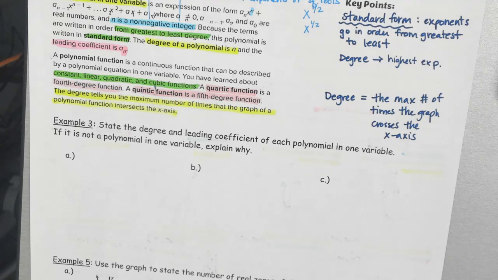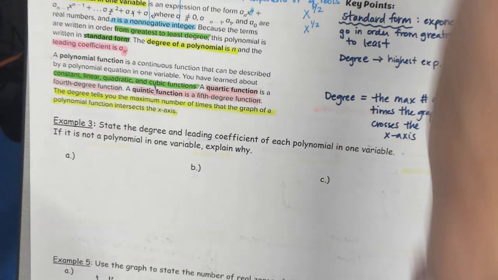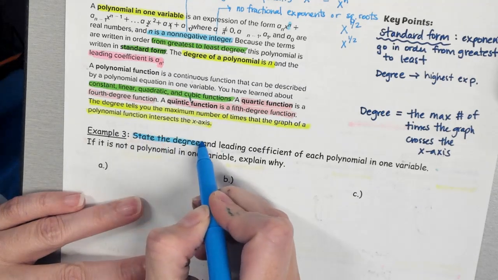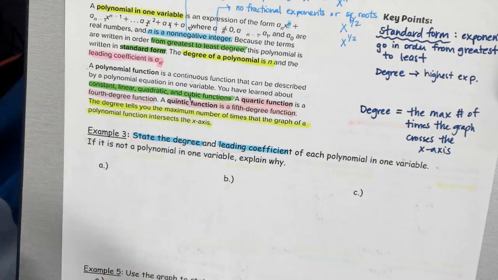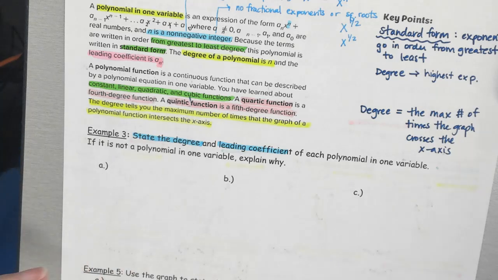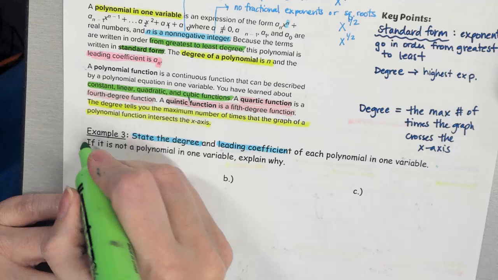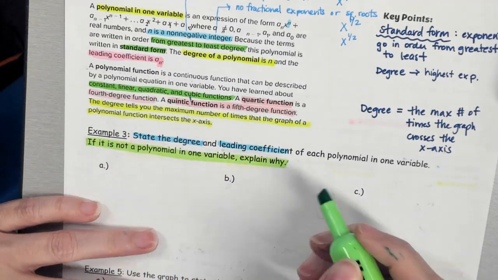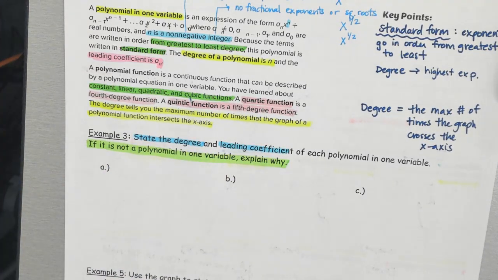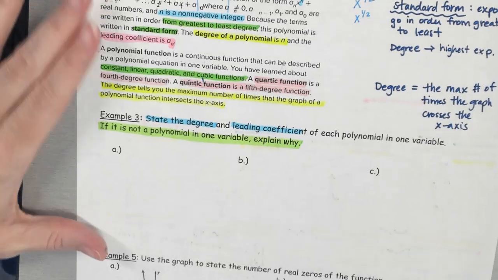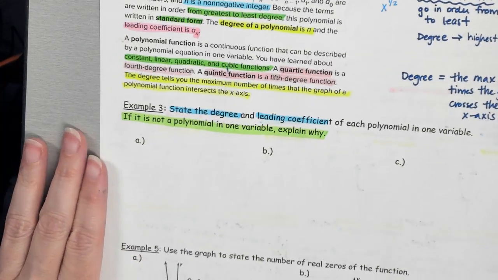Okay, so example 3, it says to state the degree and the leading coefficient of each polynomial in one variable. If it is not a polynomial in one variable, you have to explain why. So if you have to explain, you need to write a sentence. It's going to be a very short sentence about why it is not a polynomial in one variable.